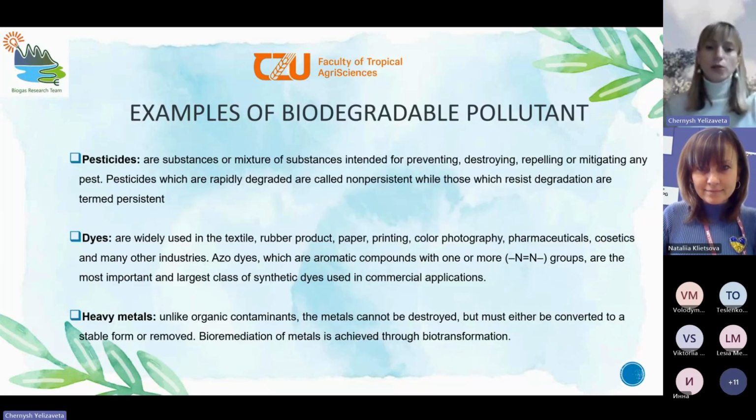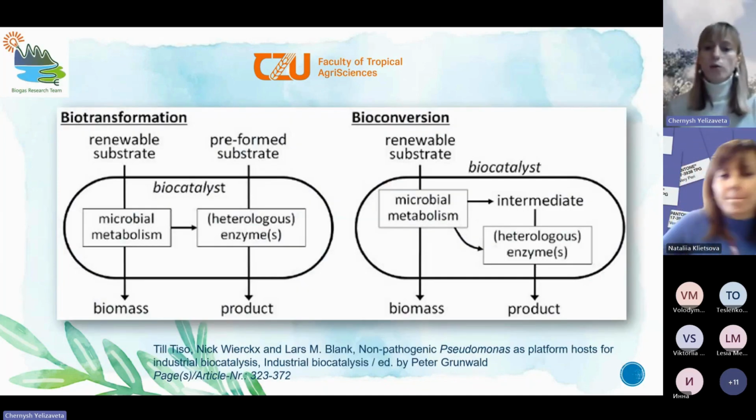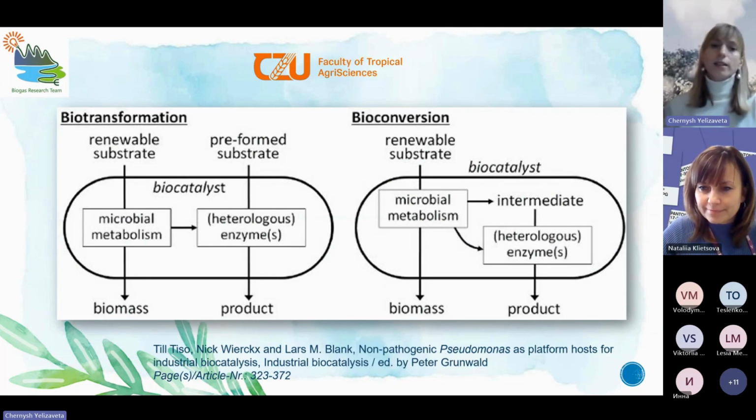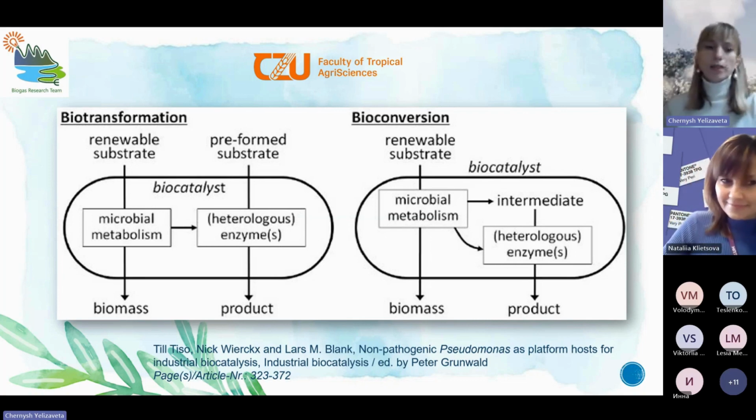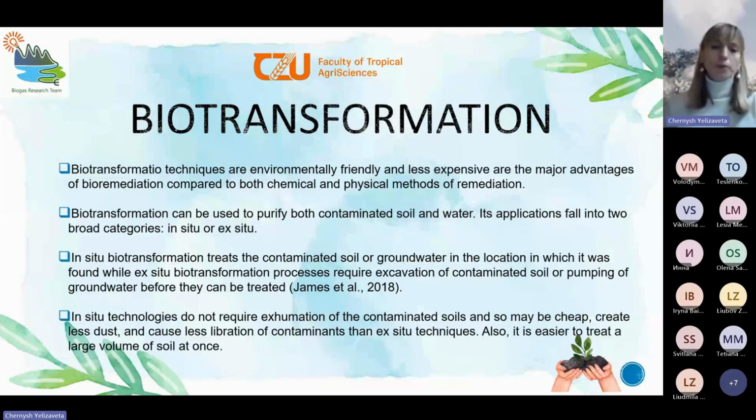Also, it should be said that biotransformation processes take a long period of time and involve some of nature's mechanisms, such as microbiological metabolism that can be useful for this process, such as biotransformation and bioconversions. We use some enzyme biocatalysis systems also, and techniques that are environmentally friendly and have some advantages in comparison with chemical and physical methods, but mostly it is preferred to use them together, step by step.